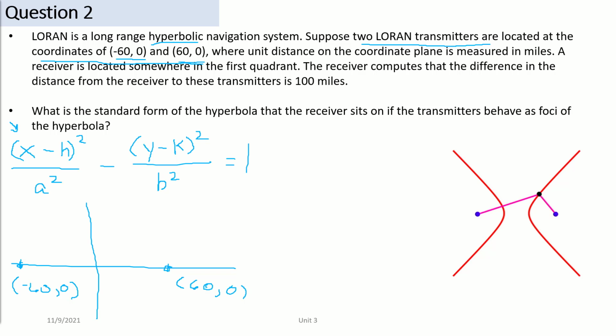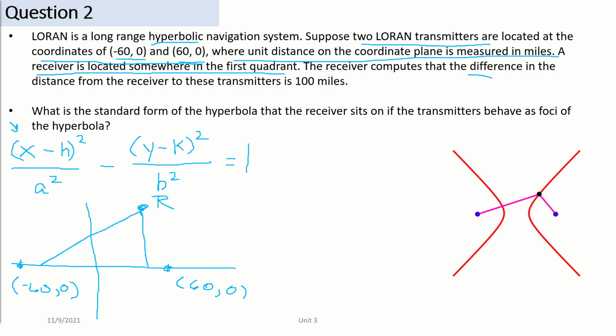That distance between the center to the right is 60 miles, because we're measuring in miles, and to the left is another 60 miles. Now we have a receiver located somewhere in the first quadrant. So we have a radio receiver, some kind of waves, measuring the distance between 2 other points, and the difference between those distances is 100.